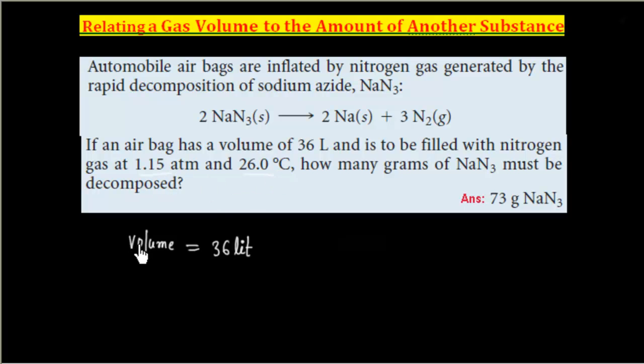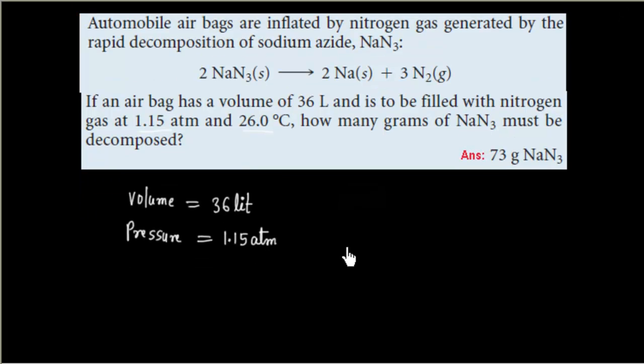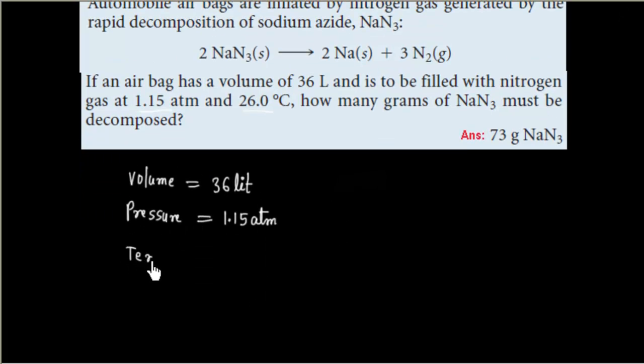Pressure is 1.15 atmospheric pressure, and temperature is 26 degrees centigrade, and this we have to convert in Kelvin. So this is 299 Kelvin, and we have to calculate the mass of NaN3 that must be decomposed.